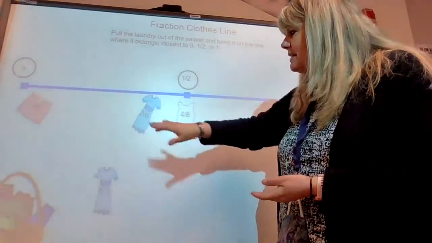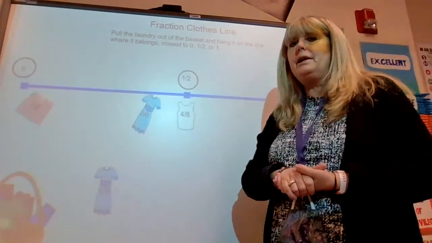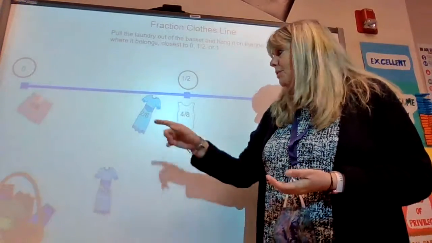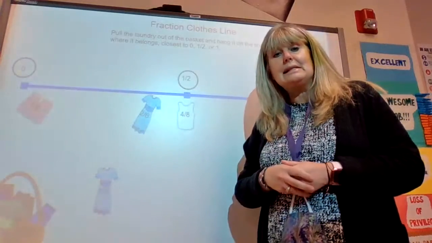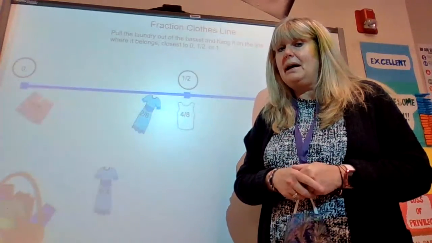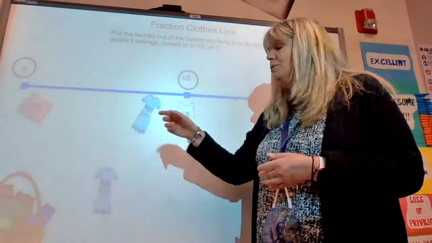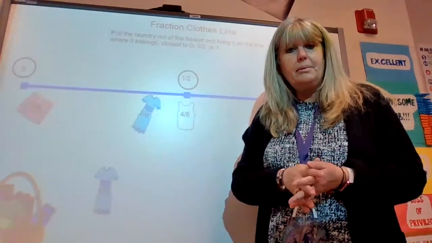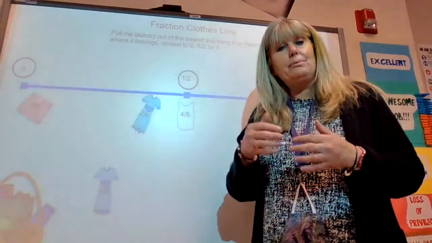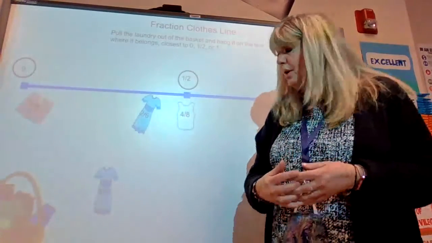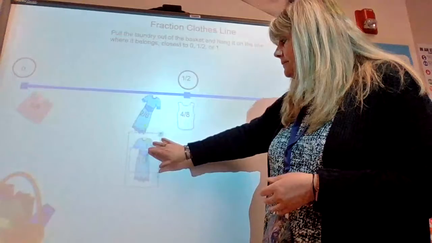But I'm looking at this 2/6 up here, and what do I know? You're right, I know that if I took 2/6 and I divided it by 2, what I do to the numerator, I do to the denominator. So 2/6 can be reduced down into simplest form into 1/3.